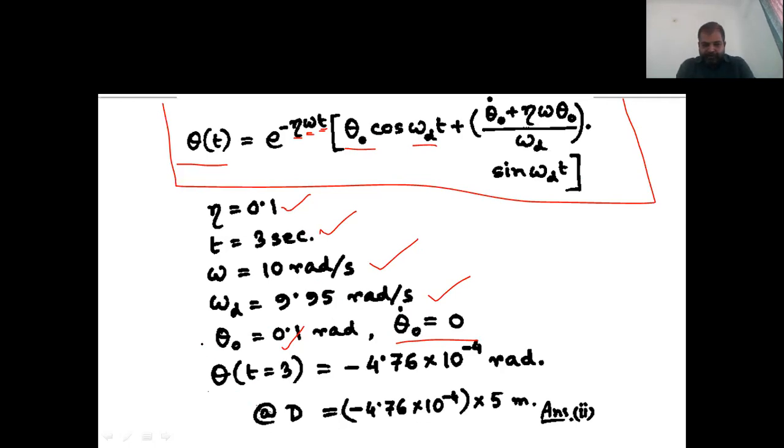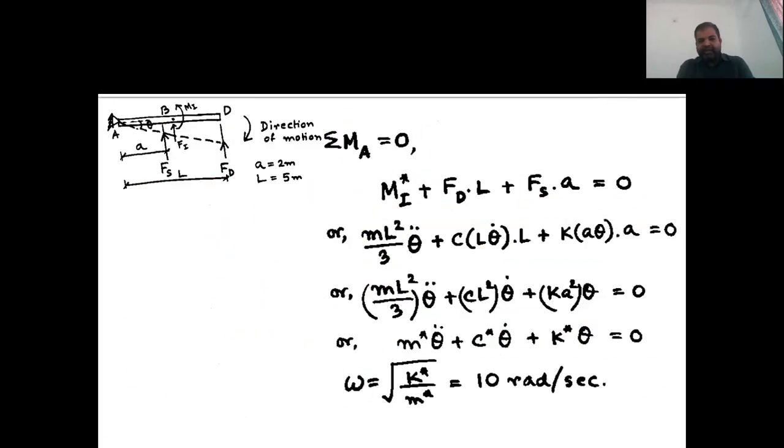So if you put t equal to 3 seconds in this formula and put all these values, then you will get the value, this is at point A, right? Theta at point A at t equal to 3 seconds, which is in radian.